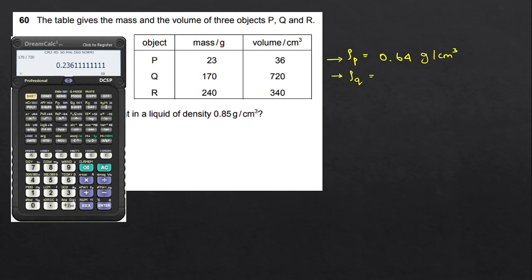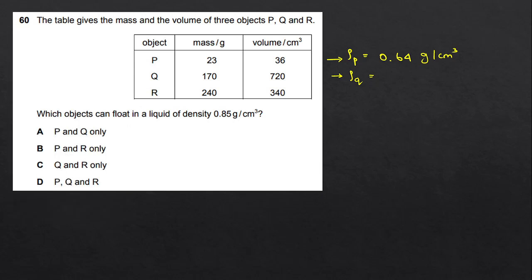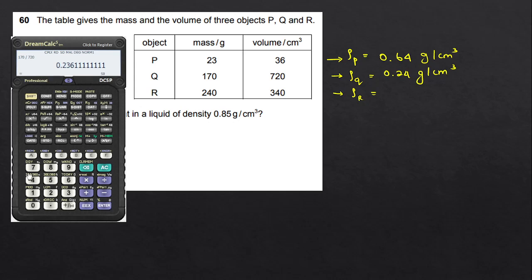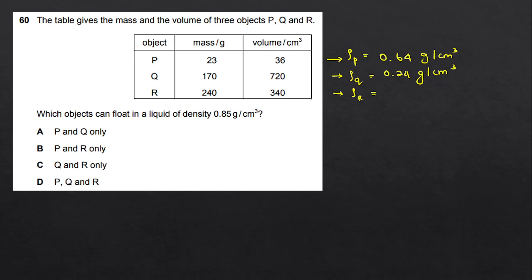Let's call it 0.24 gram per cm cube. Then density of object R will be 240 divided by 340. 240 divided by 340, that's 0.7058, so we can call it 0.71. This will be 0.71 gram per cm cube.